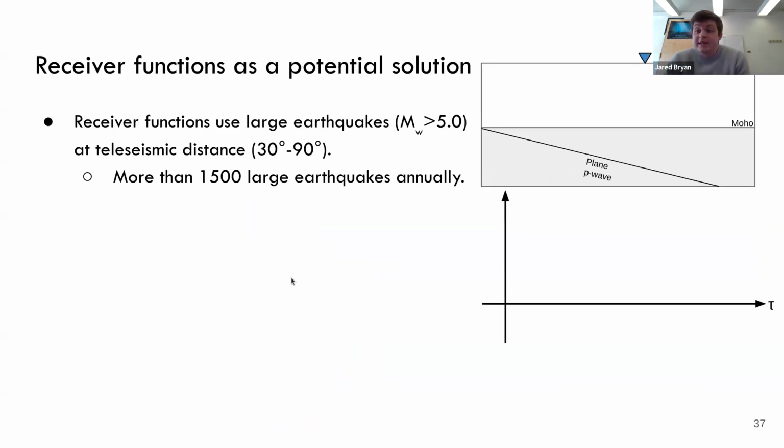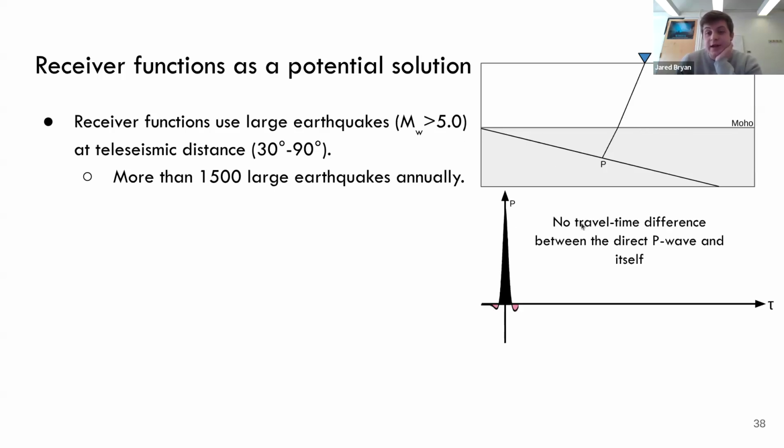But if we zoom into the last leg of that travel path, the way the receiver function is constructed is that we have this plane P wave arriving at the base of the crust. Most of that energy from that P wave is transmitted through to the surface. What the receiver function does is it measures the difference in arrival time and amplitude between this direct P wave and converted S waves that are generated by scattering at this boundary.